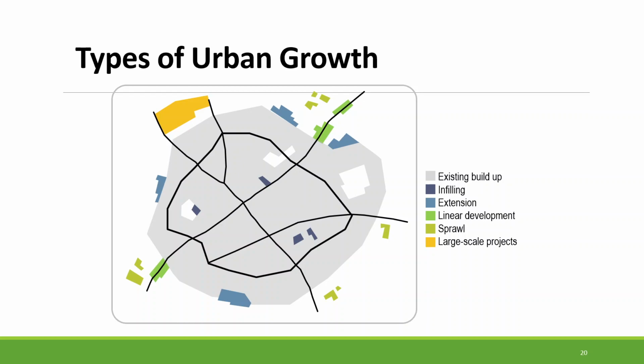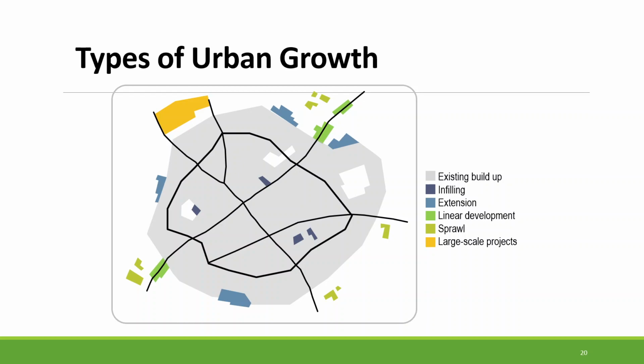Sometimes the city is expanded and we call it extension. And especially if the city is extended or developed along the roads, we call it linear development. That is along the roads. And some development which is not controlled, or which sprung up haphazardly around the city, we call it urban sprawl.